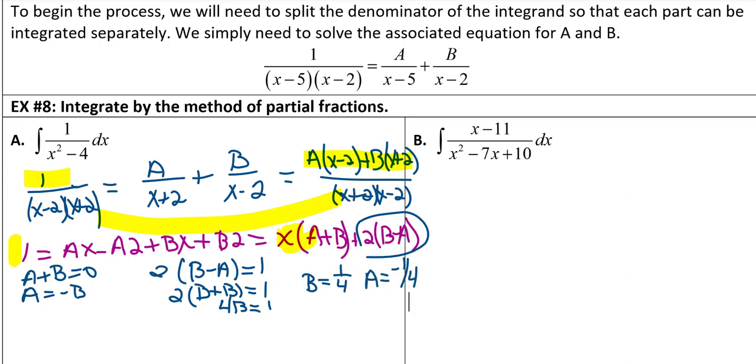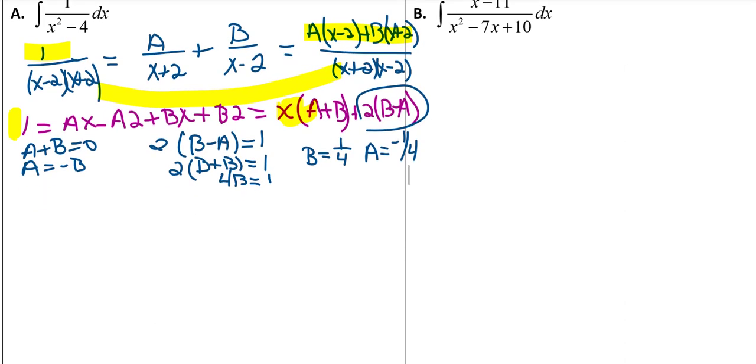Now the integration becomes super, super simple. Now this is what I have: the integral of negative 1/4 times 1 over x plus 2 dx, plus 1/4 times the integral of 1 over x minus 2 dx.